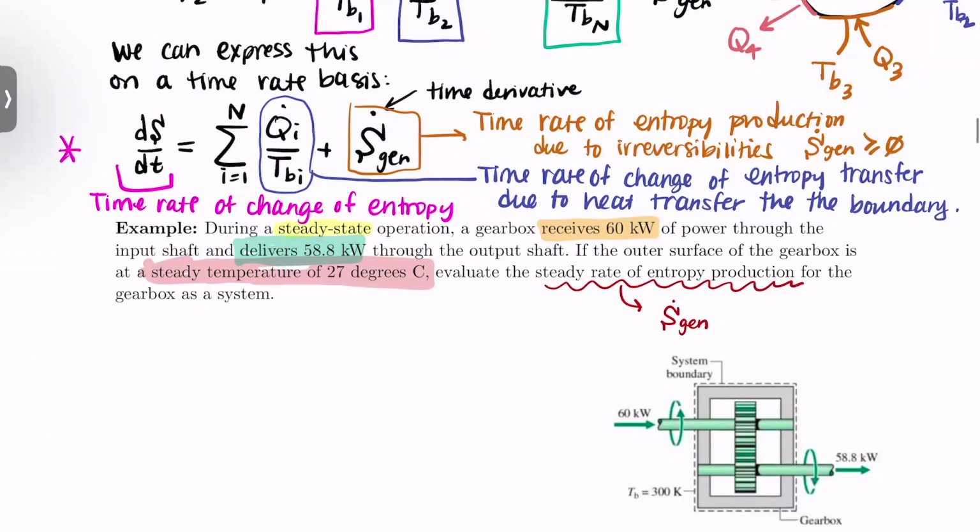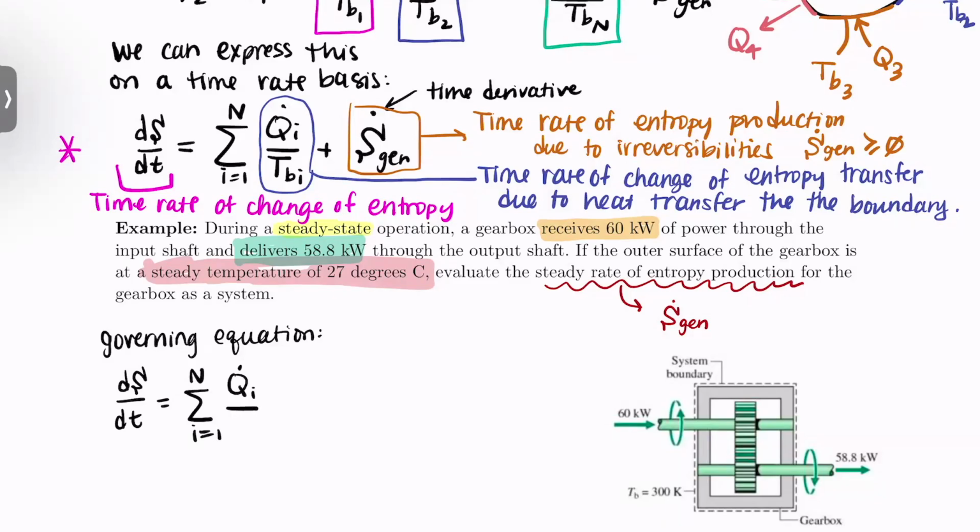We are going to use this equation that we ended class with. Our governing equation is the following: dS/dt is equal to the sum from i equals 1 to n of Q dot i over T b,i plus S dot gen.